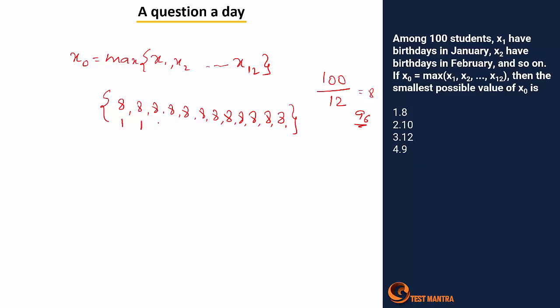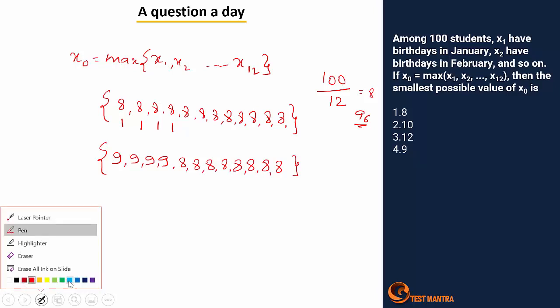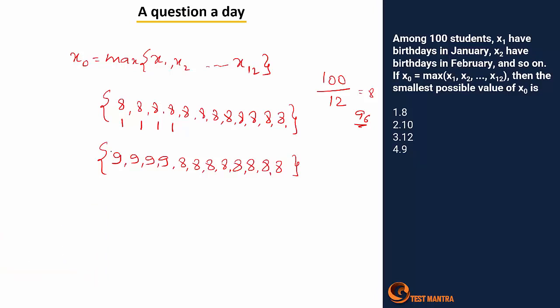So assuming I have shifted these 4 people, 1 each to January, February, March, and April, my new condition says that there are 9 people whose birthday lies in January, 9 in February, 9 in March, 9 in April, and the remaining 8 months will have 8 each. Now, according to this condition, my maximum value available is nothing but 9, and that is the smallest possible value for X0.